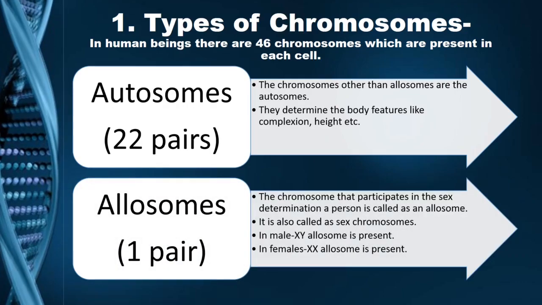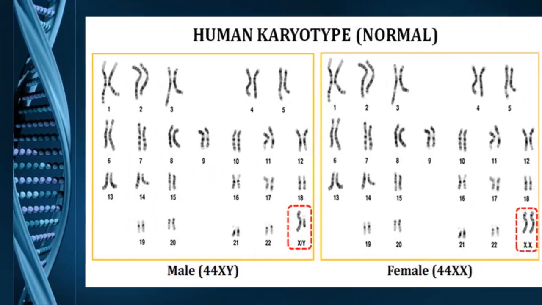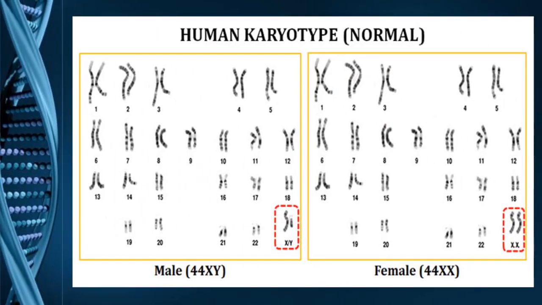Allosomes: the chromosomes that participate in the sex determination of a person are called allosomes. They are present in a single pair. They are also called sex chromosomes. In males, XY is the allosome and in females, XX is the allosome. Let's understand it better with the help of a karyotype.